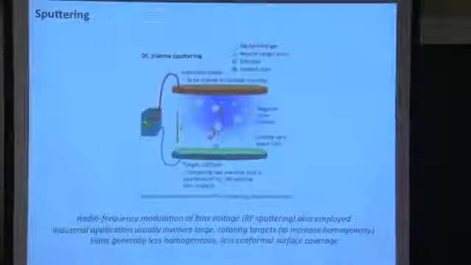Within the PVD techniques, within the physical vapor deposition techniques, one of the most commonly used in manufacturing, at least in some startups, you have examples like Mia Soleil, is sputtering. And the sputtering process is essentially very straightforward. You have a plasma. The plasma consists of atoms that are charged.